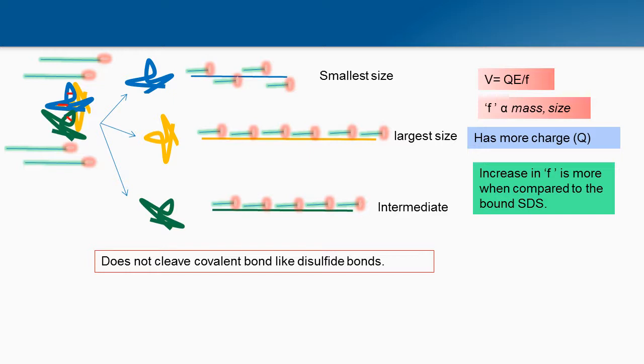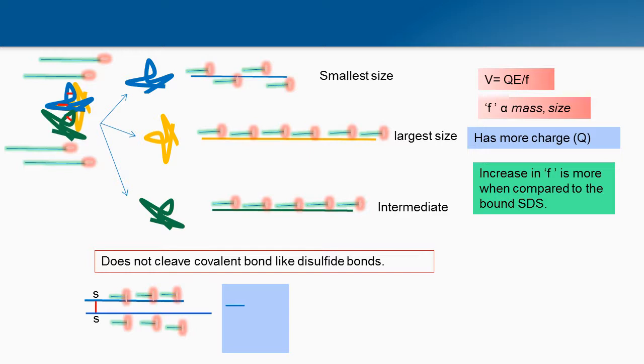And as I have told you, SDS does not cleave covalent bonds like disulfide bonds. So if two polypeptides are joined by disulfide bonds, SDS is not going to separate them, and on the gel we will get only one band at some higher molecular weight, moving towards the cathode.